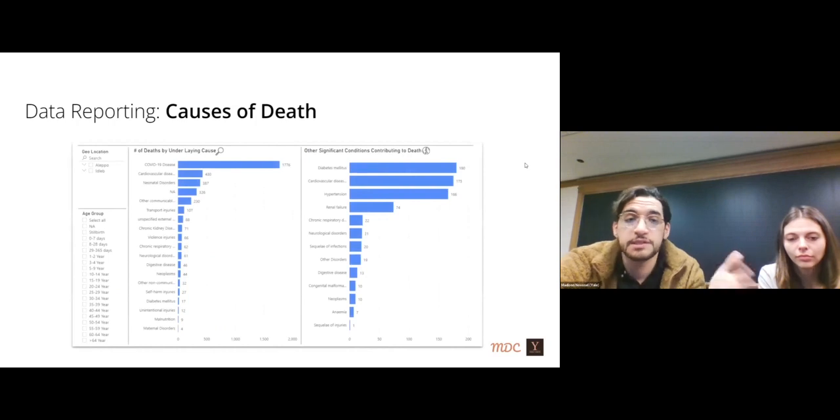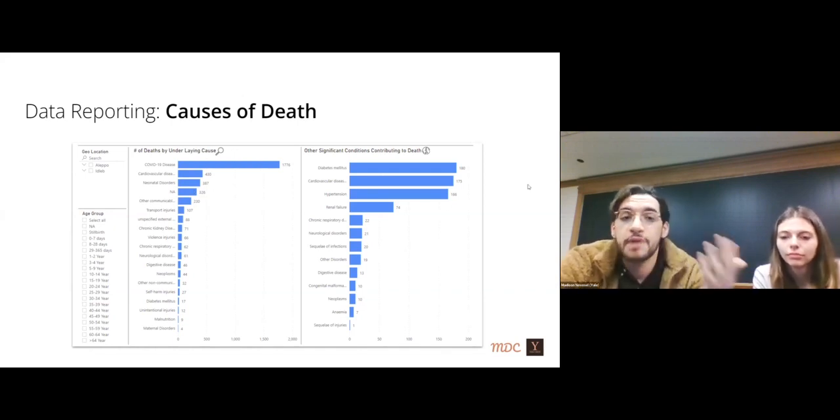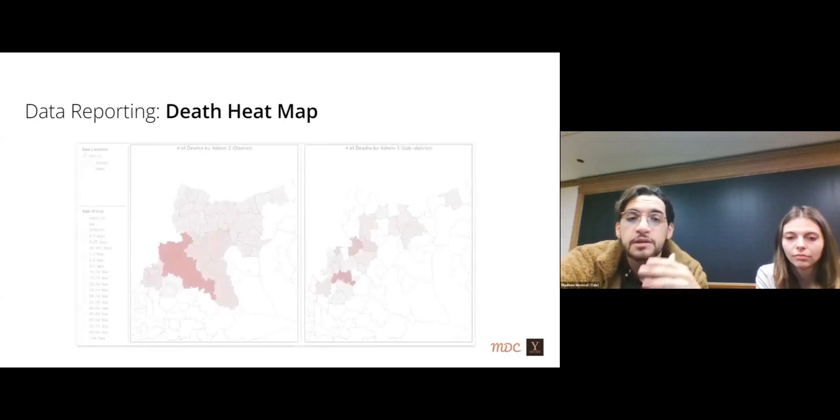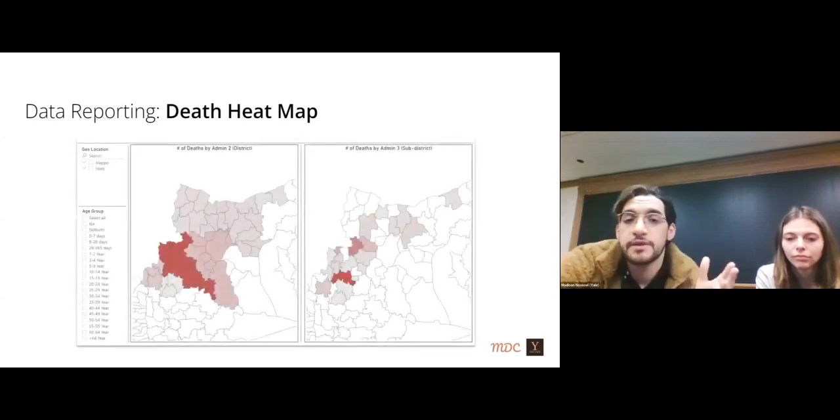We can also provide causes of death, in this case, for example, by decreasing order. Here we have, as an example, COVID-19 as the overwhelming leading cause of death, followed by cardiovascular disease and neonatal disorders. So I can see at a quick snapshot that I should probably be putting my resources into vaccination programs, for example. And finally, if we have location-based data, we're able to provide this death heat map.